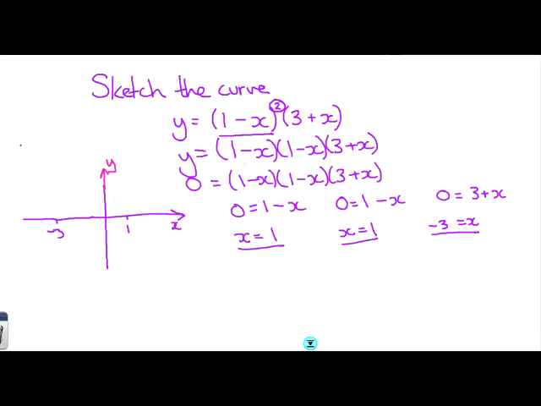So if we make x be 0 in this first bracket, we have 1, and the same here is 1, and if x is 0 here, we have 3. So the y coordinate is going to be 1 times 1 times 3, which is, of course, 3. So this is what we have.